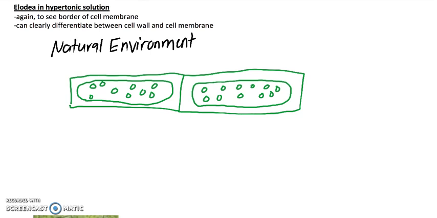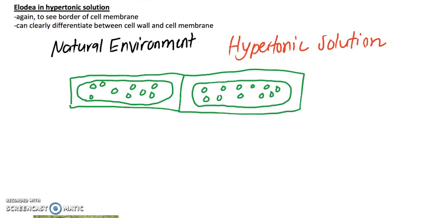And on the right is the same cell but placed in a hypertonic solution. So again, in the cytoplasm, we have water molecules, which I'll represent as these blue circles. So blue circles are H2O.